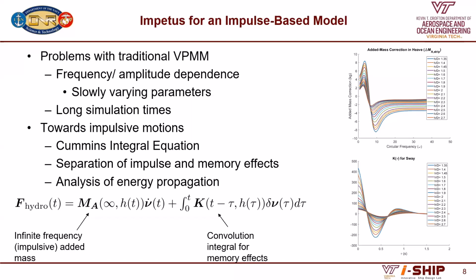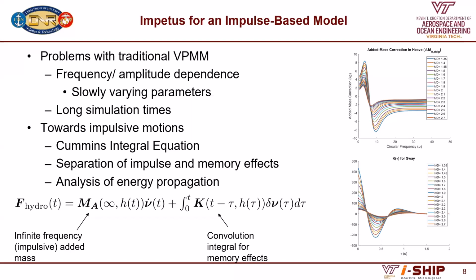This was inspired by Cummins' integral equation, which is shown at the bottom, but adapted for near-surface vehicles. And we see that the hydrodynamic forces depend on an infinite frequency added mass, the added mass associated with impulsive motion, and a convolution term that accounts for the motion history, the memory forces of the body, which is the convolution, how the forces evolve with time from that impulsive motion.